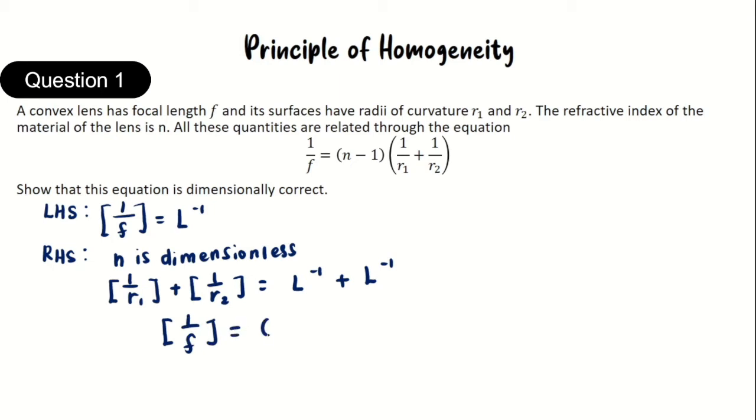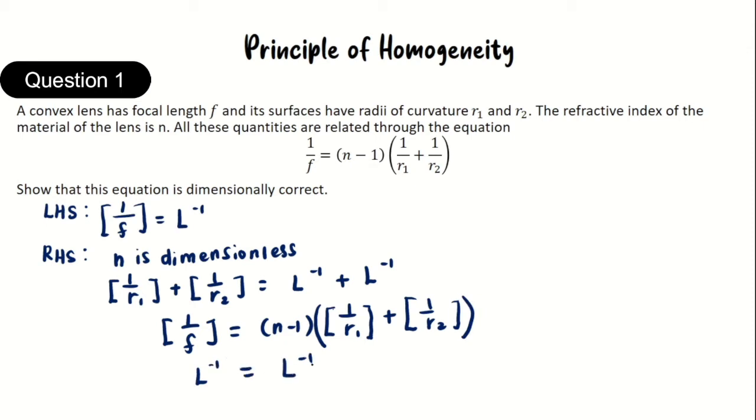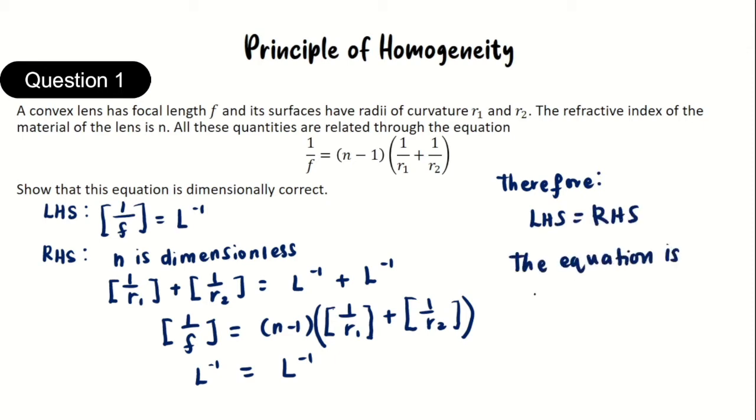The final equation is that the left hand side is R to the power of negative 1, and it equals the right hand side, which is also R to the power of negative 1. Therefore, the left hand side is equal to the right hand side, so we can prove that the equation is dimensionally correct.